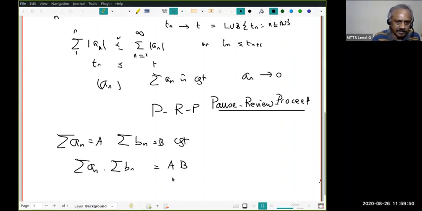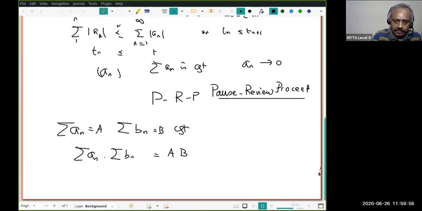You understand? A very naive attempt may be to define the product of these two series as the sum of a_1 b_1, ..., a_n b_n, n equal to 1 to infinity. But this is not good. Why?